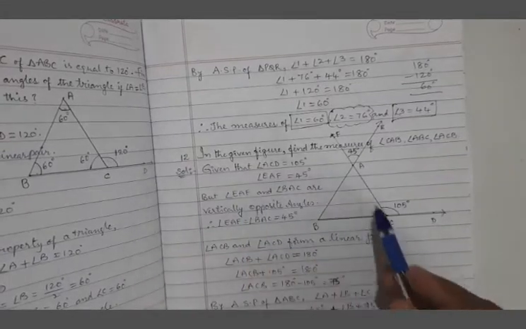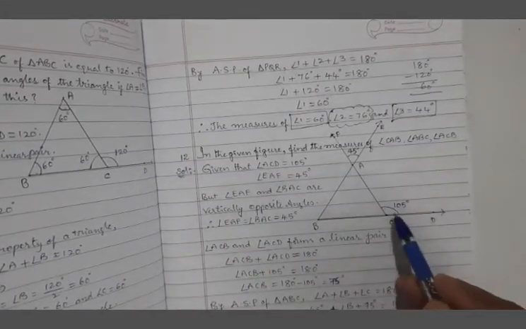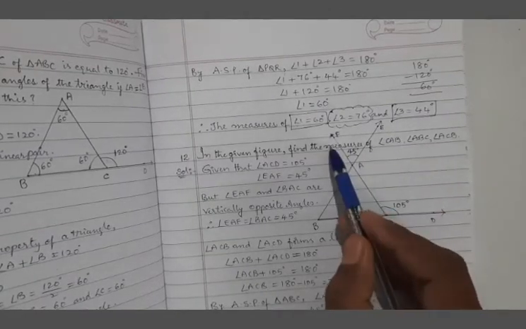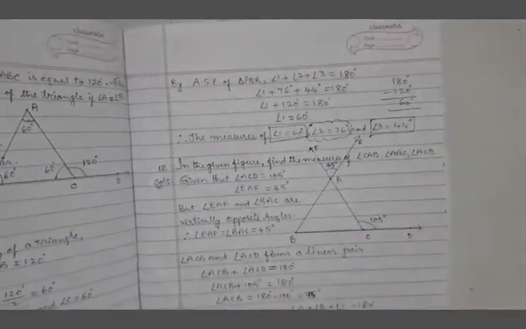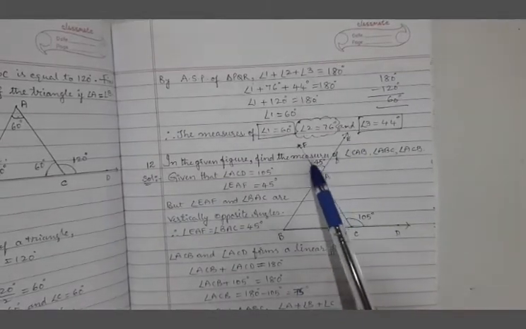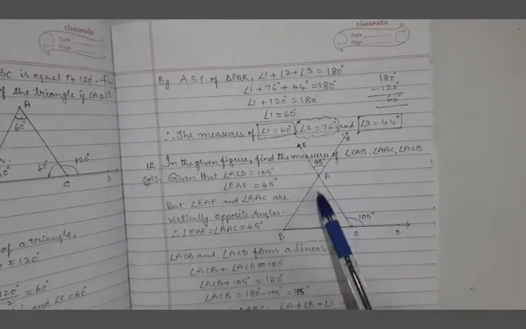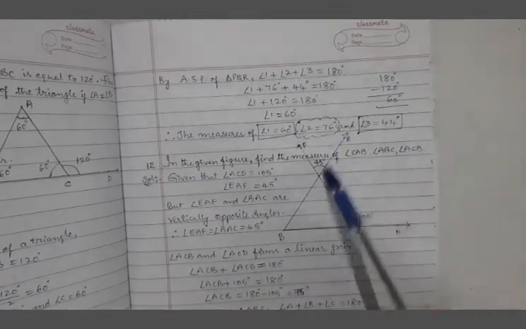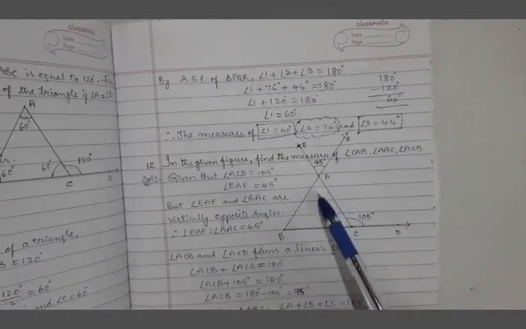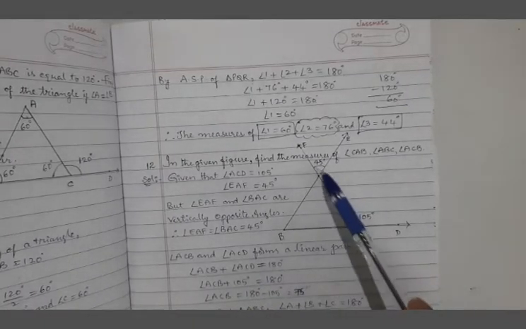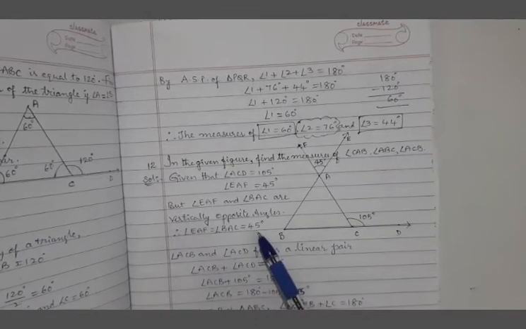Given that exterior angle ACD is 105 degrees. Angle EAF is given as 45 degrees. You can see there carefully, angle EAF is marked 45. These two are vertically opposite angles. When two lines intersect, vertically opposite angles are always equal. Therefore, angle BAC is equal to 45 degrees.